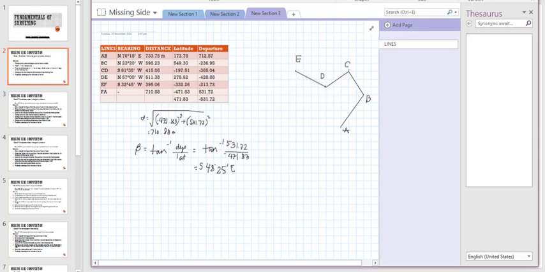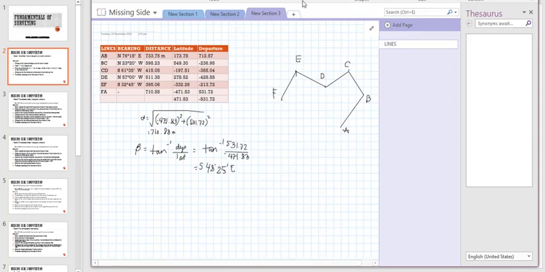This is point E. Then E to F is southwest, 395. So this is F. Then F to A has bearing south 48 degrees 25 minutes east, southeast.